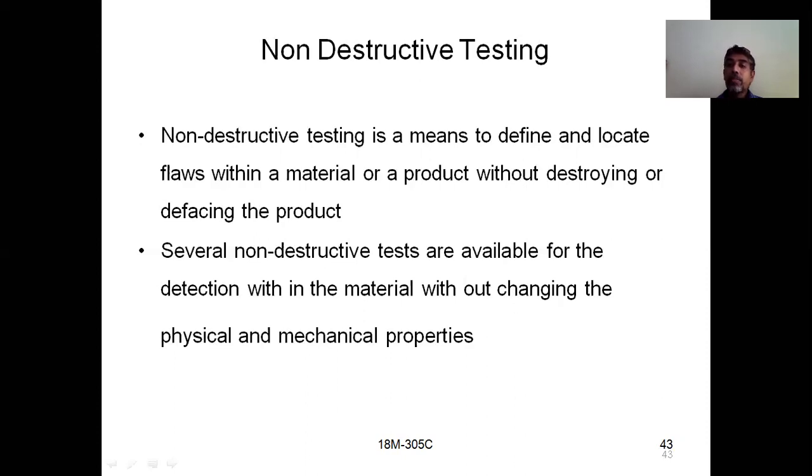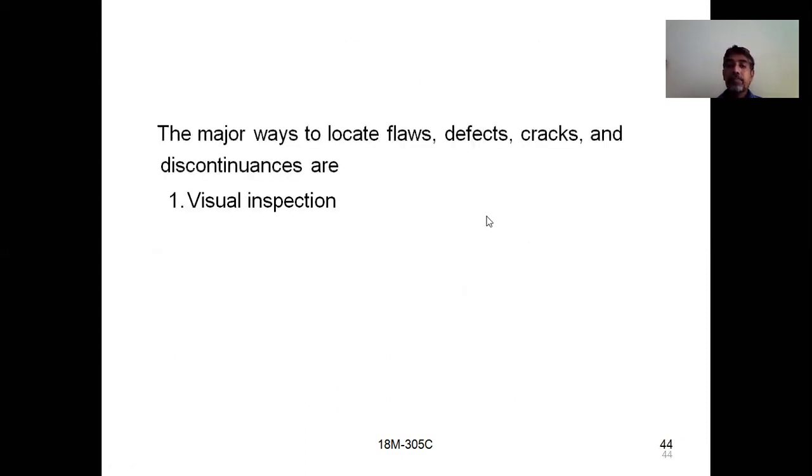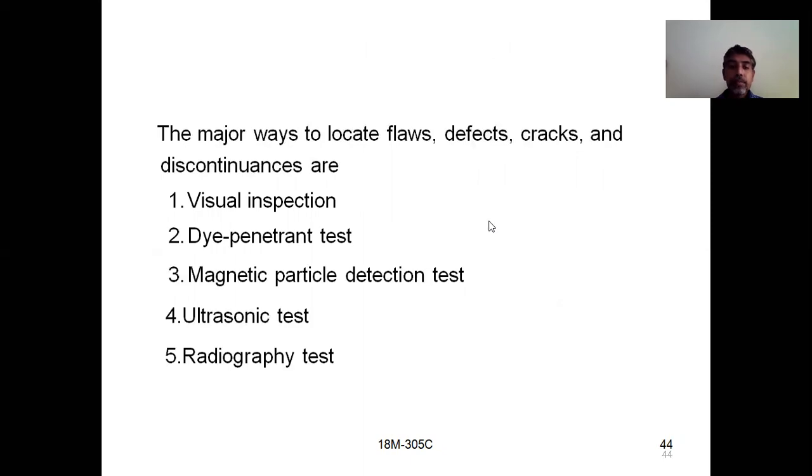And how many types of non-destructive testing procedures are there? This is a very important question. What is the purpose of non-destructive testing? Just now we discussed that the main purpose is that we are not going to destroy any component, yet we can find out the defects present, whether surface defects or internal defects.